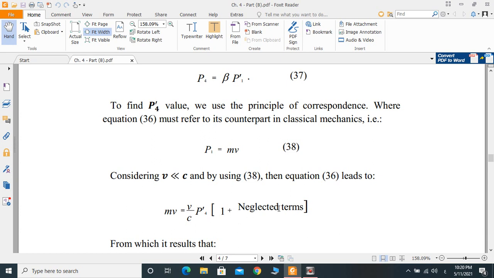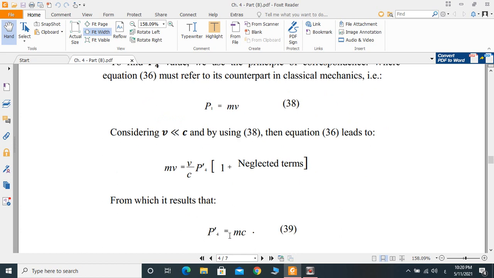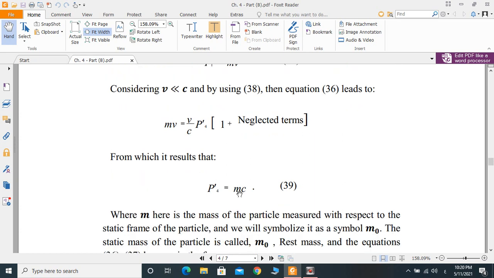And from this relation, it is clear that p dash 4 must be mc, i.e. p dash 4 equals mc, where m is the mass of the particle measured with respect to the rest frame S dash, and it can be symbolized by the symbol m naught.